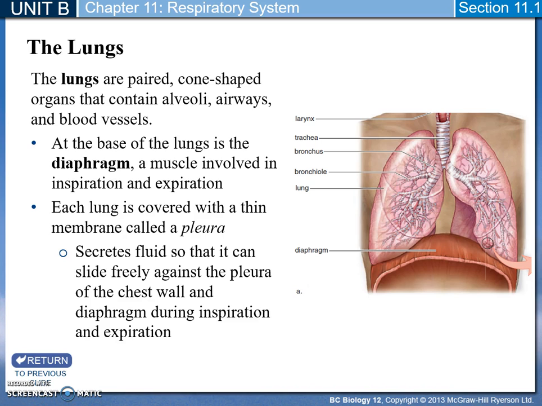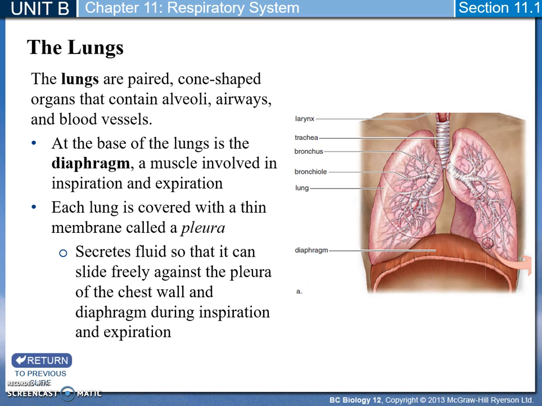So the lungs are paired. They're kind of cone-shaped organs. They contain the alveoli, airways, and the blood vessels. The base of the lungs is the diaphragm, and this is the muscle that's involved in inspiration and expiration.